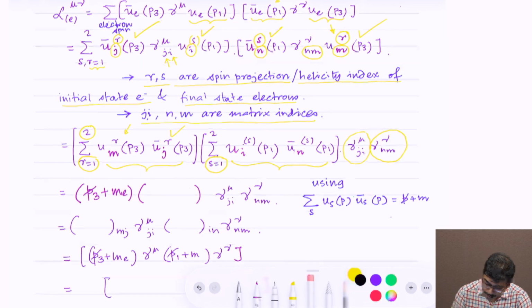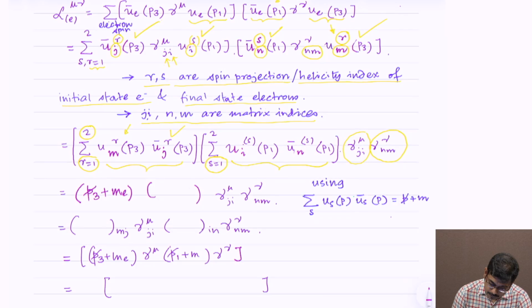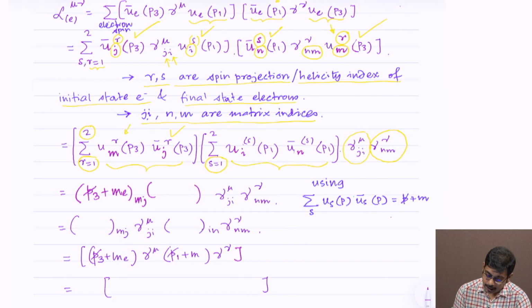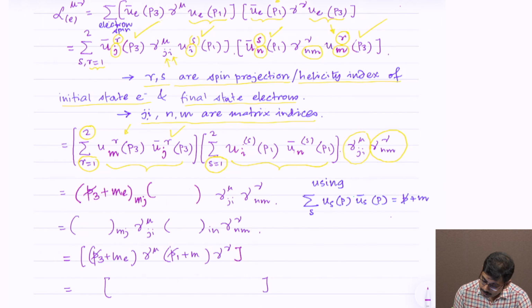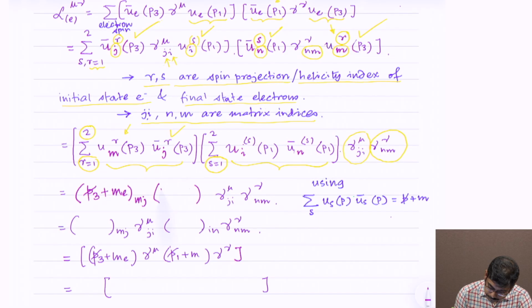It will be m j, correct. And similarly here this will be essentially P1 slash plus m e, right. When you sum over the completeness relation, the sum over s of u s u s bar gives me P slash plus m.